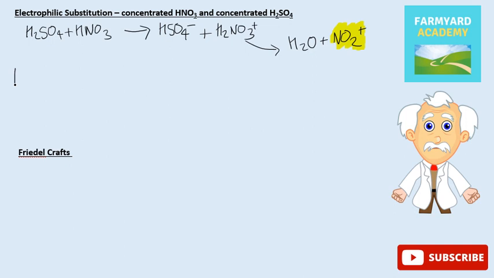So we've got benzene, which is C6H6 with the delocalized ring system, because each carbon has a vacant p orbital, and then what this is going to do is interact with the NO2 plus. So your first arrow goes from where there are electrons to where there's no electrons, so from the ring system to the nitrogen atom.